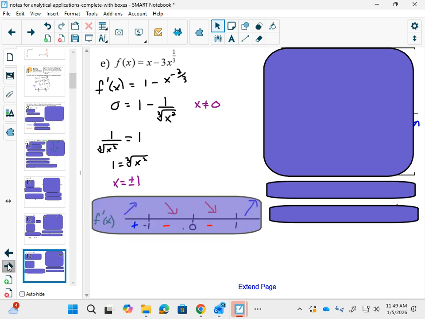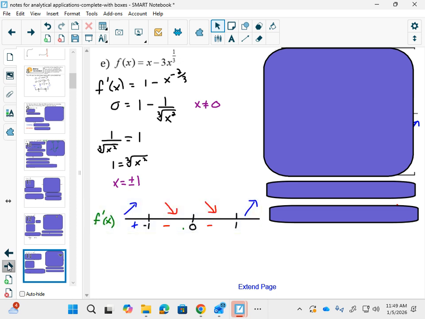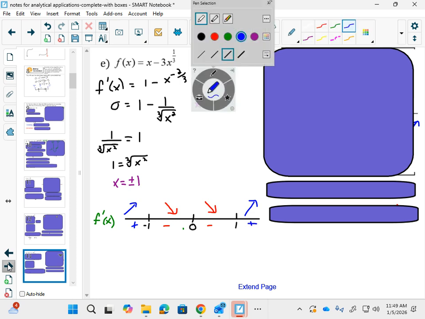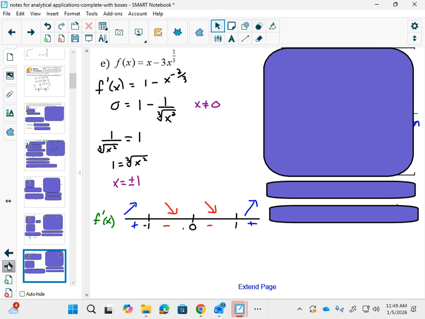Set up your sign diagram with your derivative. And again, to get the positives and the negatives, you're plugging in values in those sections into your derivative. Right?